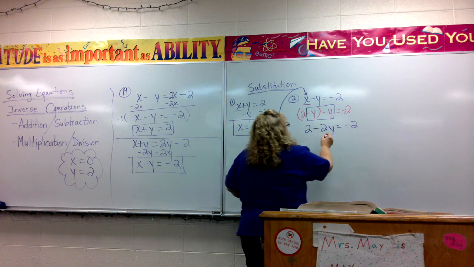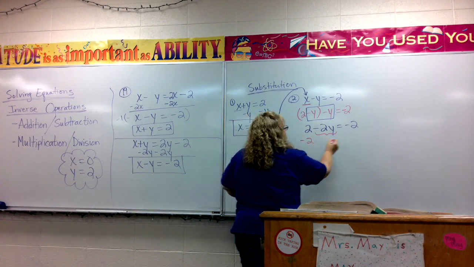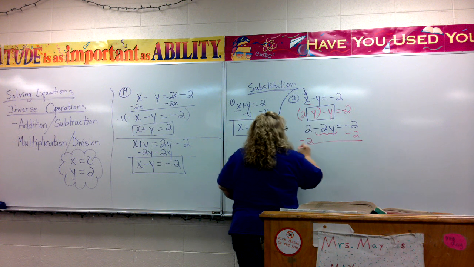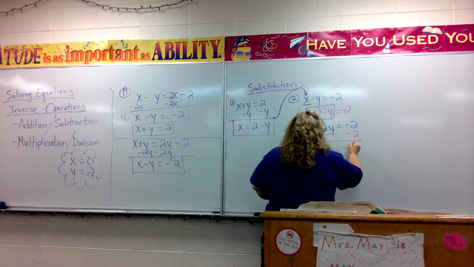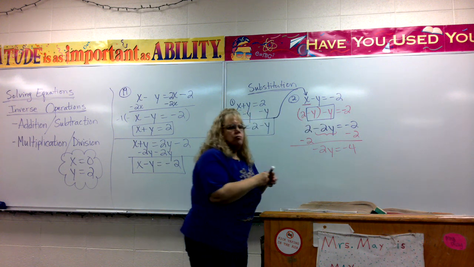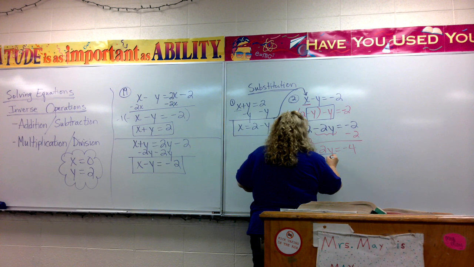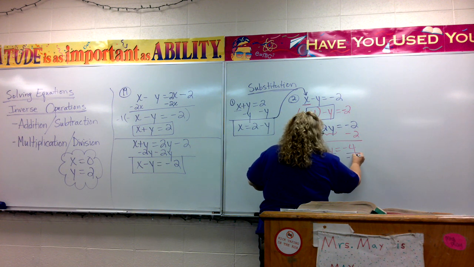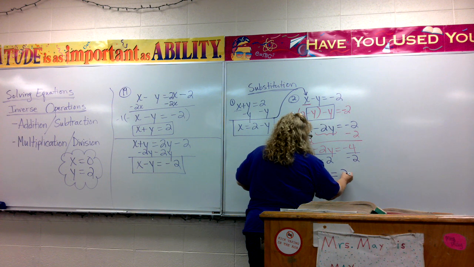I have all the letters right here. I have to get rid of what's with it. Minus 2, minus 2. Then what? Right, good, yes. Divide by negative 2. And what do you get? Oh, look at that. y equals 2.